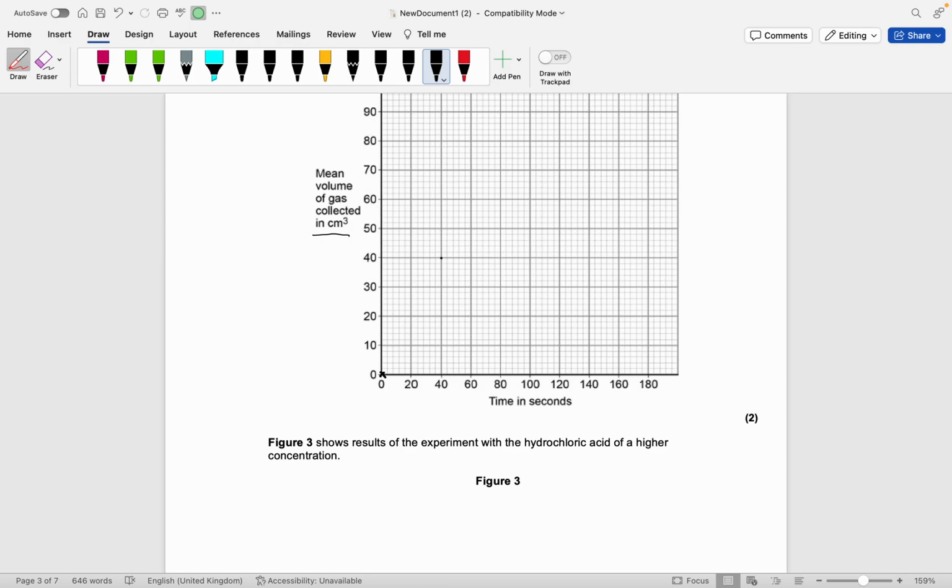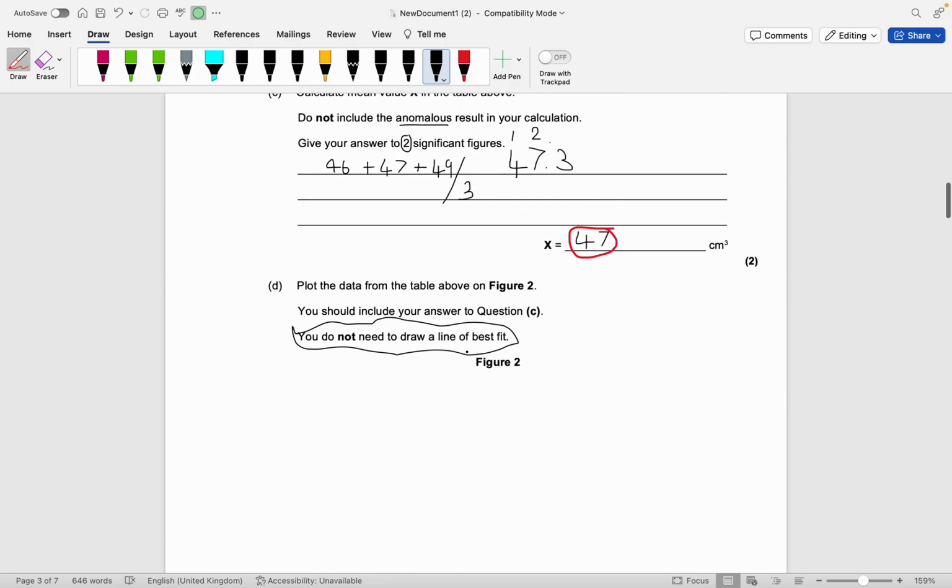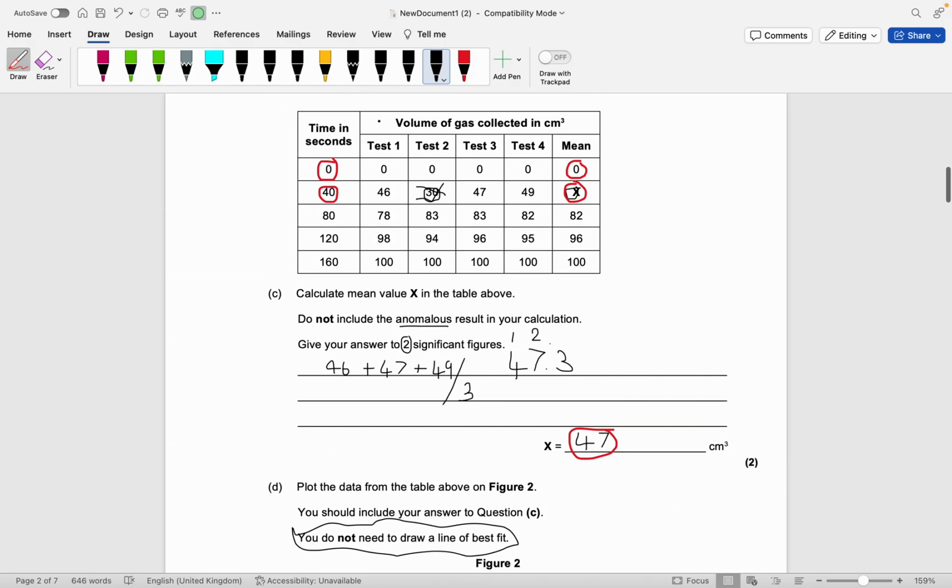So I've got to get to 47. I start off at 40, so 40, 42, 44, 46, and my plot goes there. It goes between the 46 and the 48 at 47. Okay, that one's done.